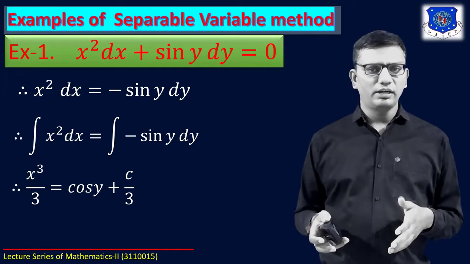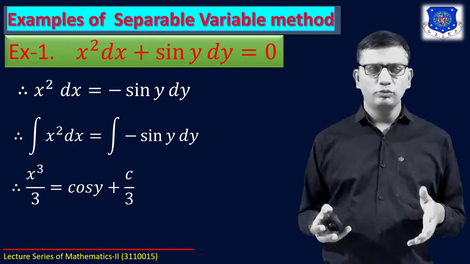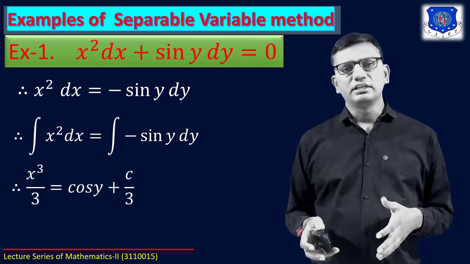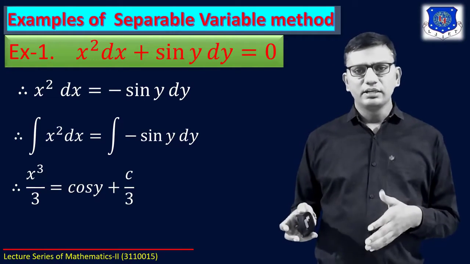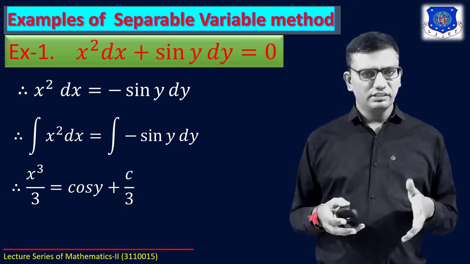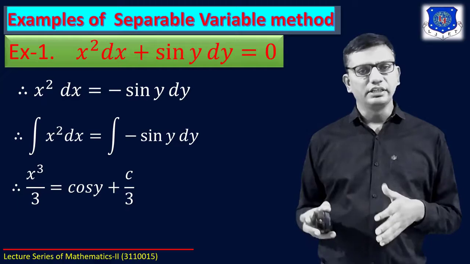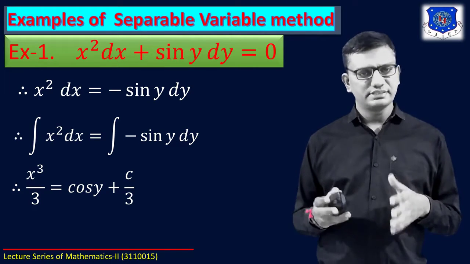As an arbitrary constant, we are taking c by 3. So finally we get x cube by 3 equal to cos y plus c by 3. Here we can also take the arbitrary constant as only c, but to balance the equation, we are taking c by 3. Now multiply all the equation by c.